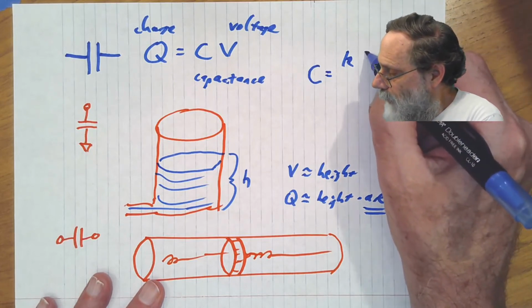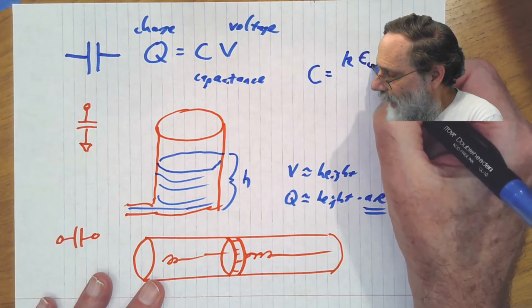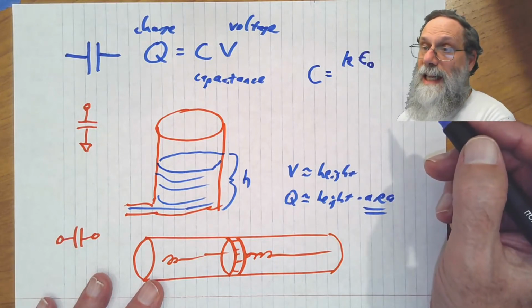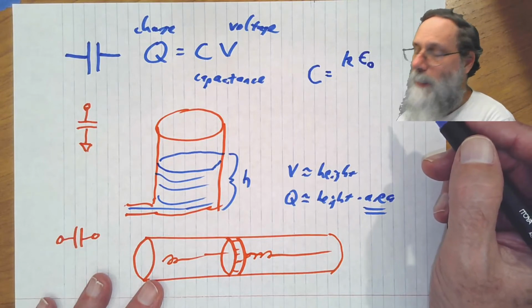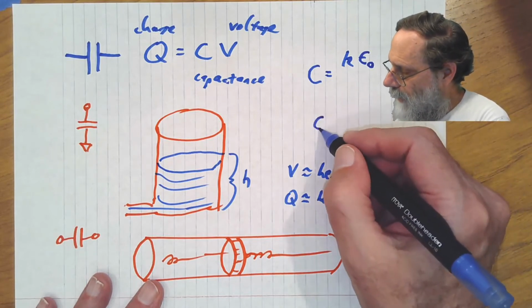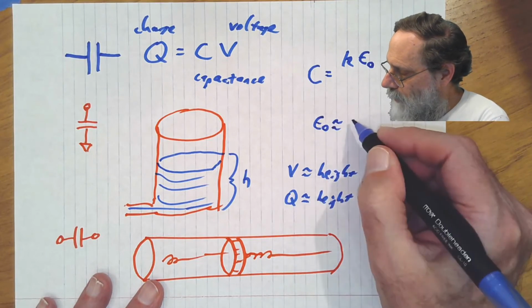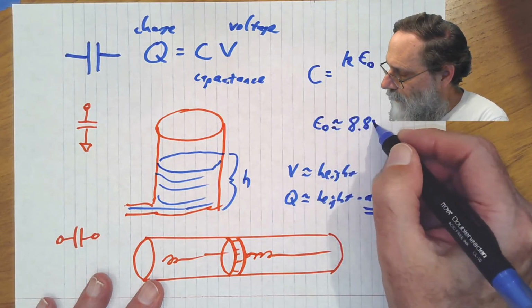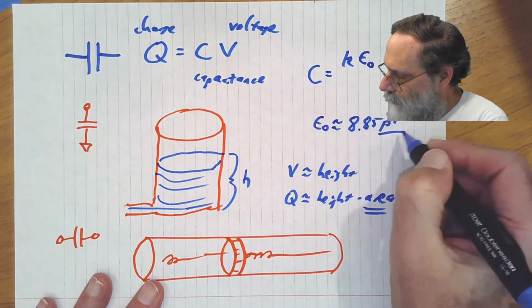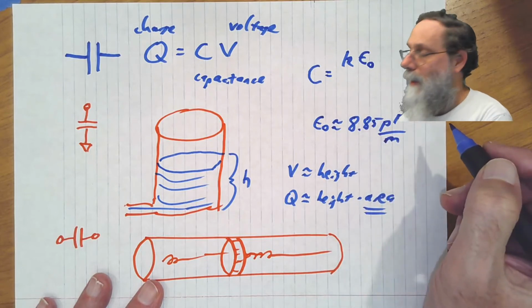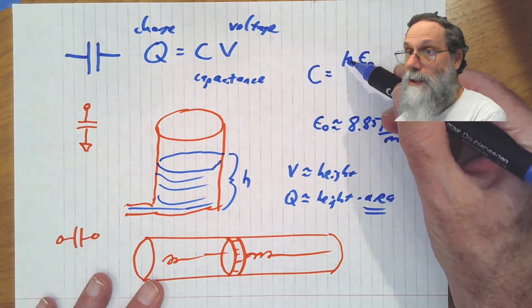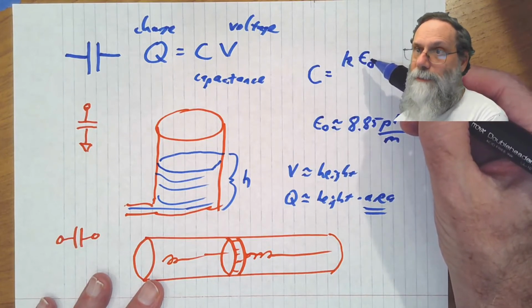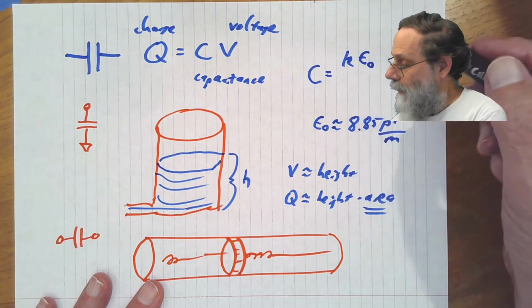Then we have a physical constant called epsilon naught, the permittivity of free space, which is about 8.85 picofarads per meter.